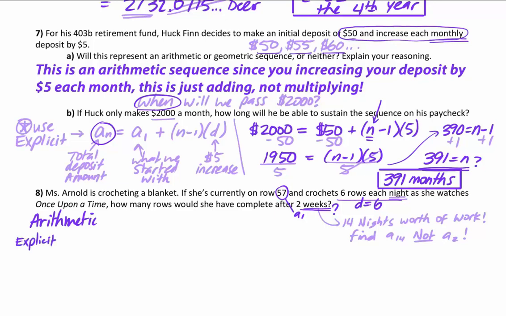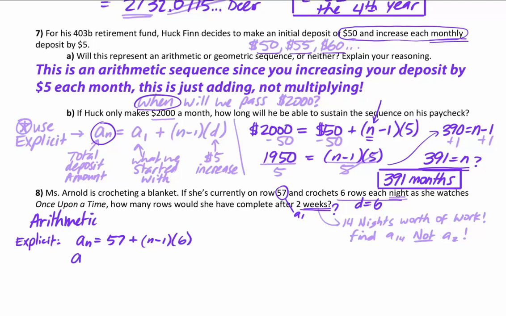And again, the explicit is the more powerful formula. You can get to a specific location. So that'll start off with A_n equals, we have that 57 that we're starting with, plus, since it's arithmetic, we have n minus 1 times the number of rows we crochet each night, and that would be 6.